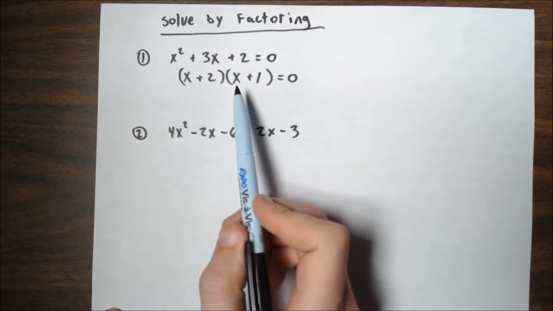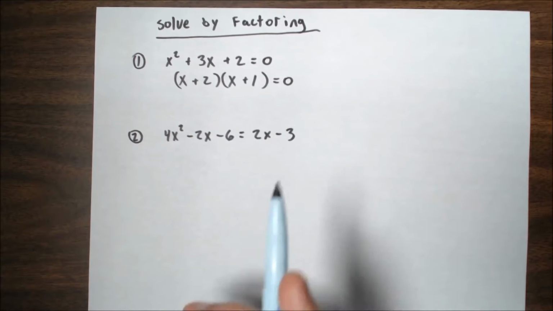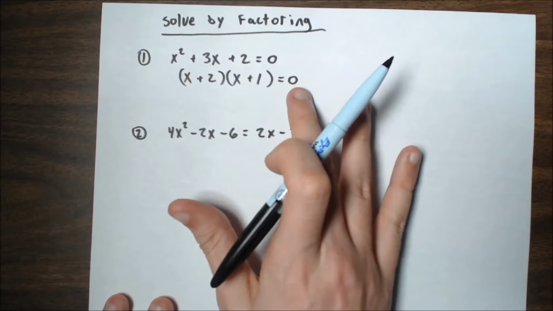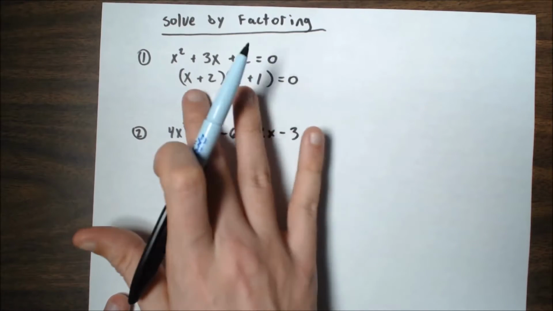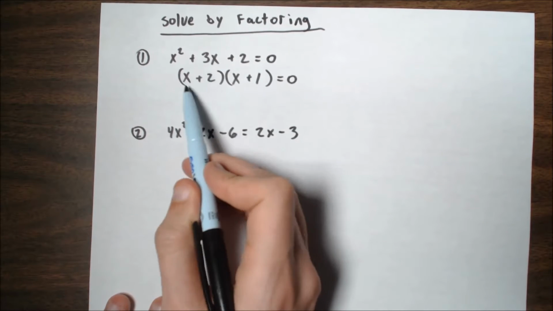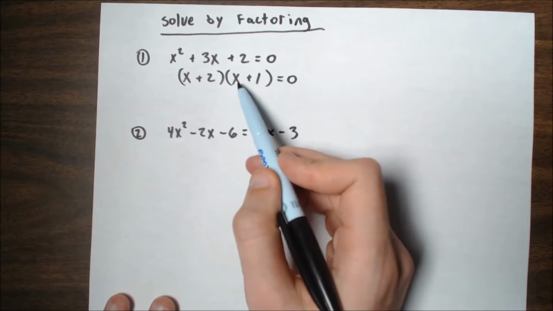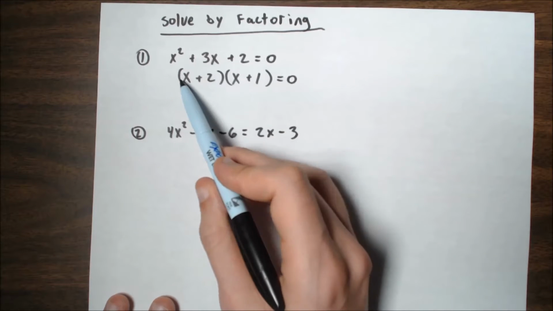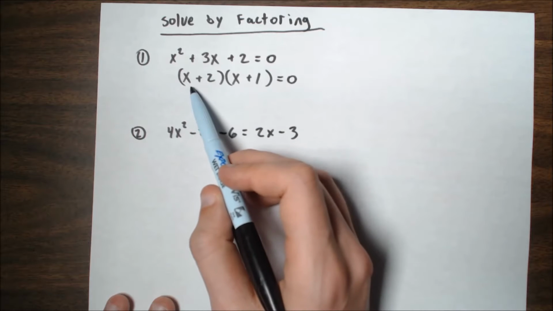To solve this equation, there's something called the zero product property, which basically says the only way something times something else is going to equal 0 is if one of those things is 0. So either x plus 2 has to be 0 or x plus 1 has to be 0. So what could I plug in for x that would make this factor 0?